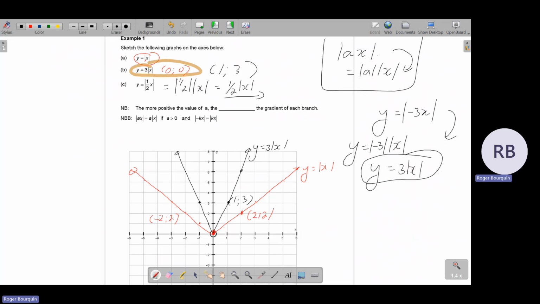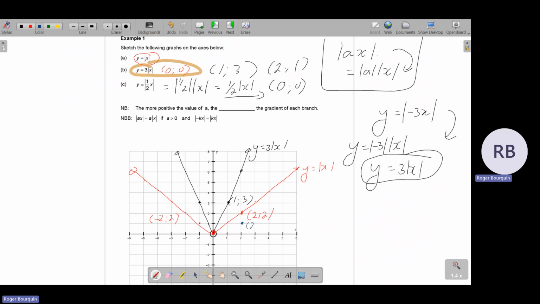So if I drew this graph, y equals half times the absolute value of x, would it go through the origin? Yes, the salient point would be at the origin. But now, if x was 2, let's say, it's a nicer number to work with, what would y be? 1. Half times 2 is 1, right? So it goes through 2, 1, which is over here.